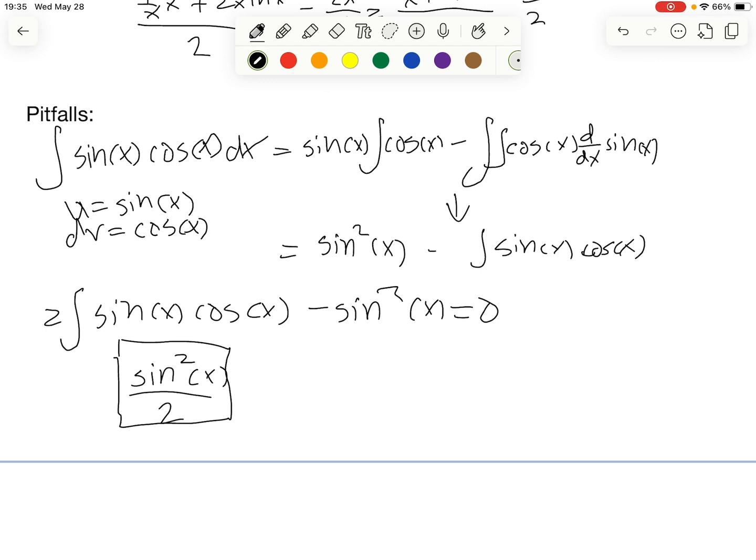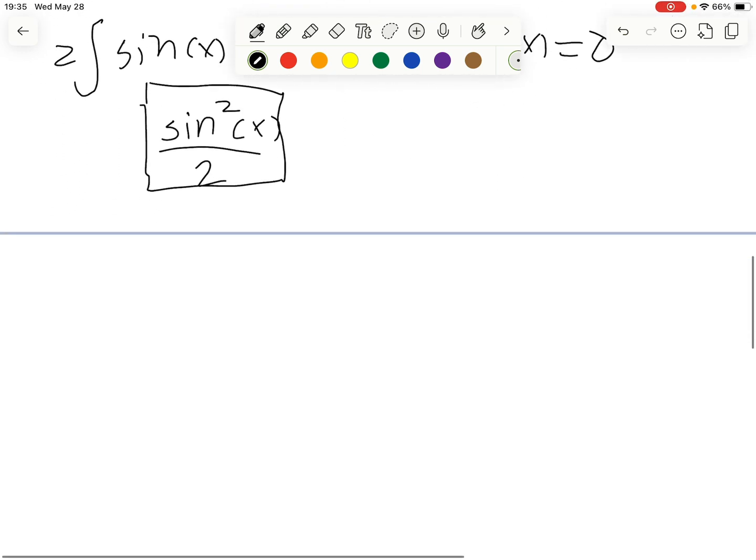Now, it's not to say that this solution isn't viable, and sometimes you will need to solve problems in a similar fashion to this. But in this case, a much better way of solving the problem would just be by u-substitution.